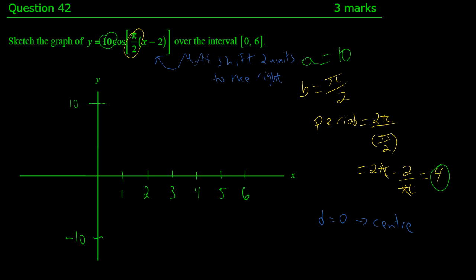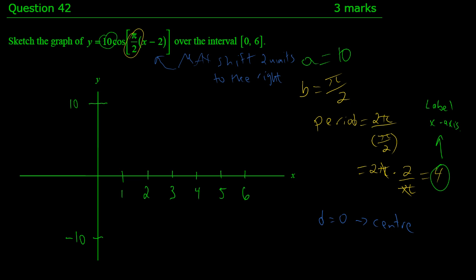But they're not always going to give you that. A lot of times they'll say 1 complete cycle. So you want to at least go your period and probably go a little more. So if your period is 4, 1, 2, 3, 4 is a perfect way to label your x-axis. If your period is 2 pi, then it's the more traditional pi over 2, pi, 3 pi over 2, 2 pi kind of labels. So use your period to label the x-axis.